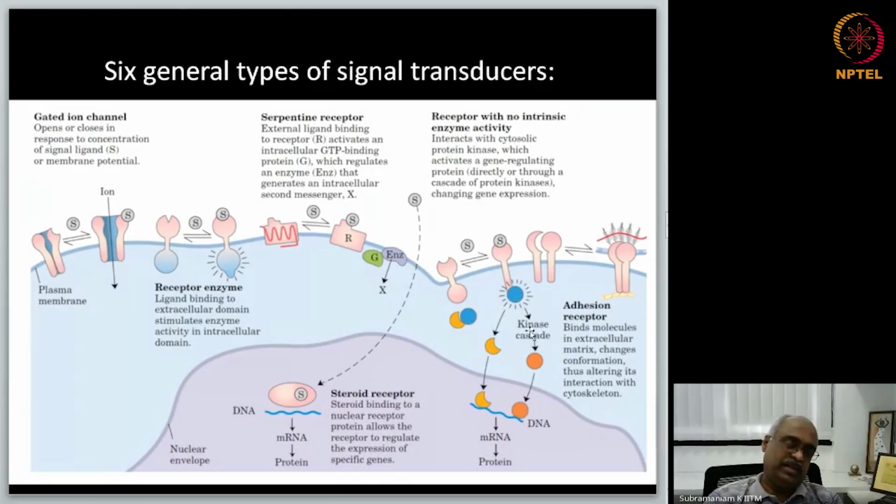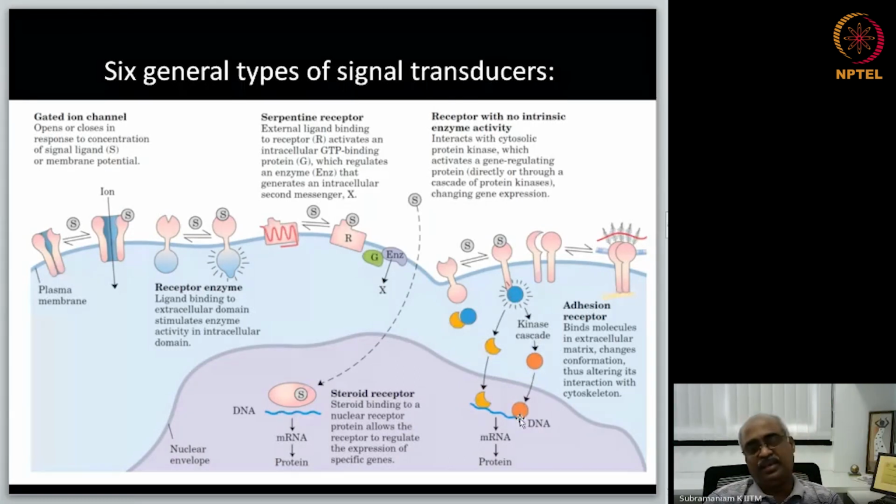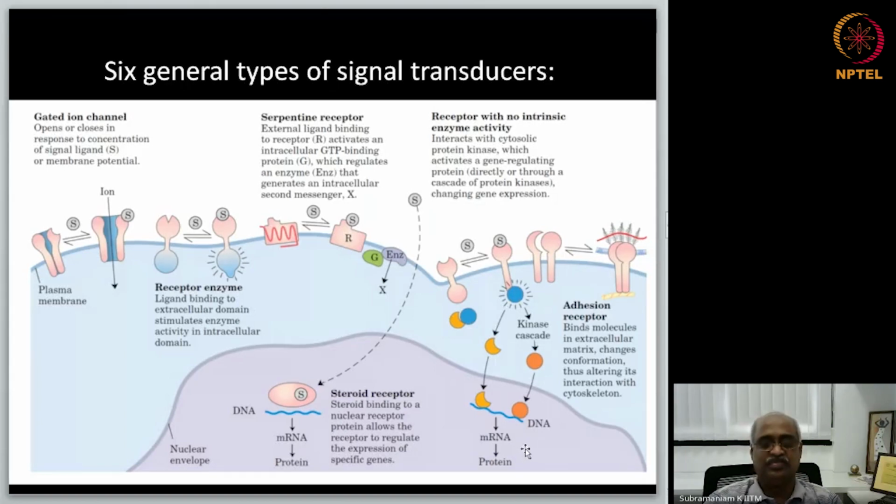And this protein kinase may have a cascade, meaning it phosphorylates a protein, and that becomes active, and that phosphorylates another protein, and so on. And then finally, the phosphorylated molecule translocates into the nucleus, associates with a transcription factor, and regulates transcription. So this is one more mechanism.